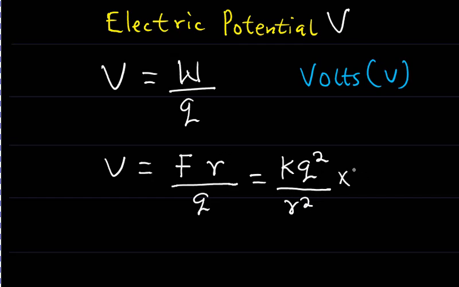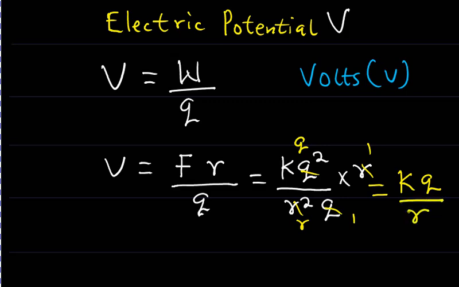Multiply by the distance R, still divided by Q. Breaking down, R divided by R squared leaves R, and Q divided by Q squared leaves Q. At the end of the day, I'm left with just KQ all over R.